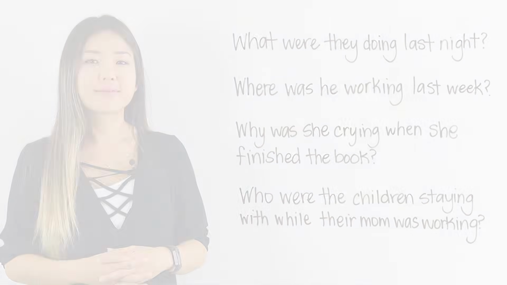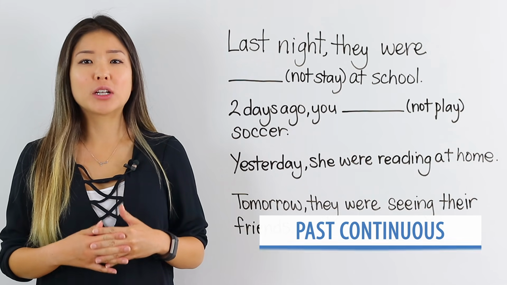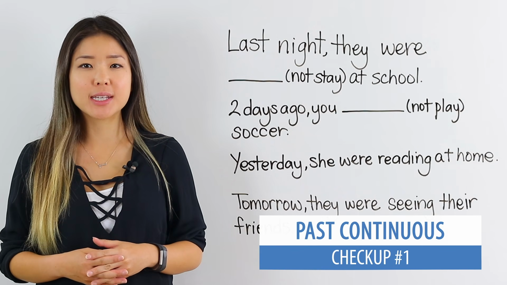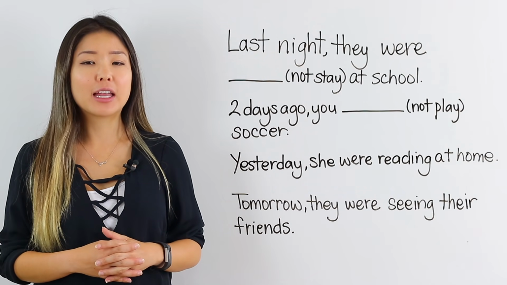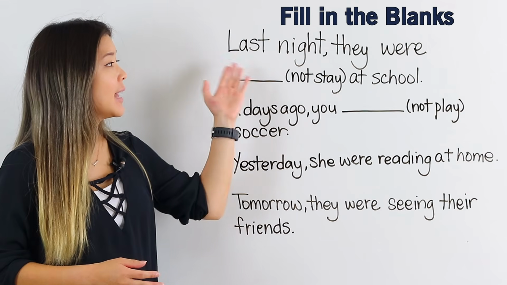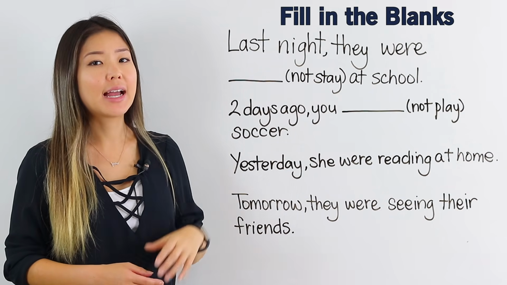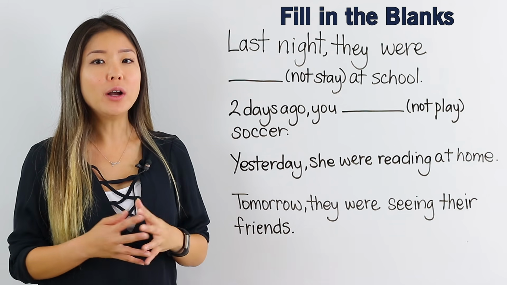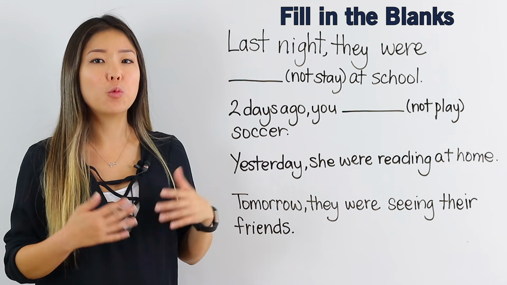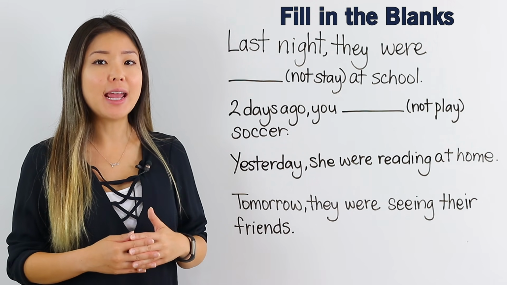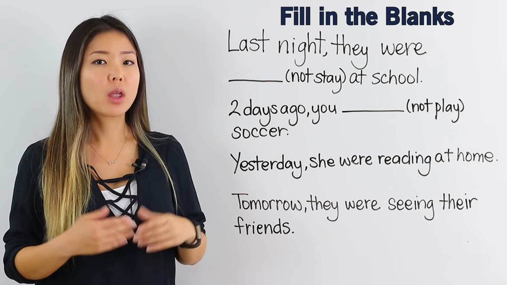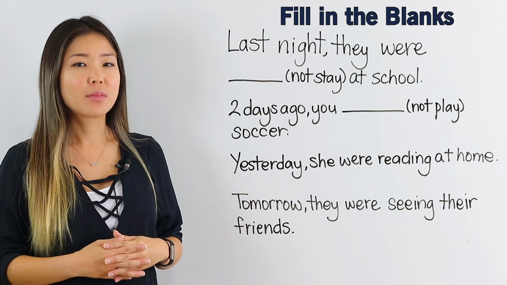Let's move on. In this section, let's do a checkup for the past continuous tense. Take a look at the first sentence. Last night, they were blank at school. I want you to try to fill in the blank with a negative for the verb stay, not stay. What do you think it is?